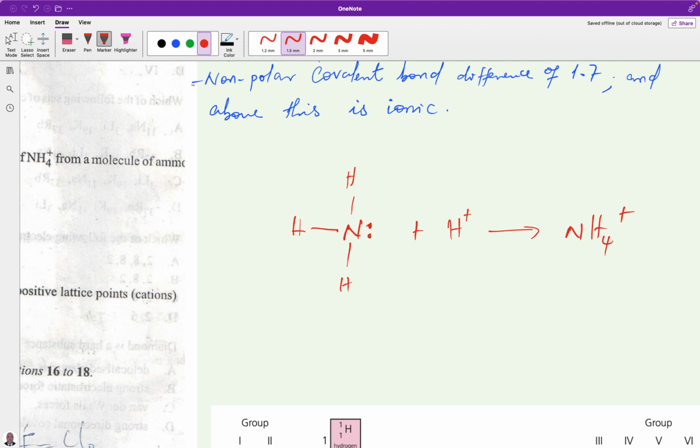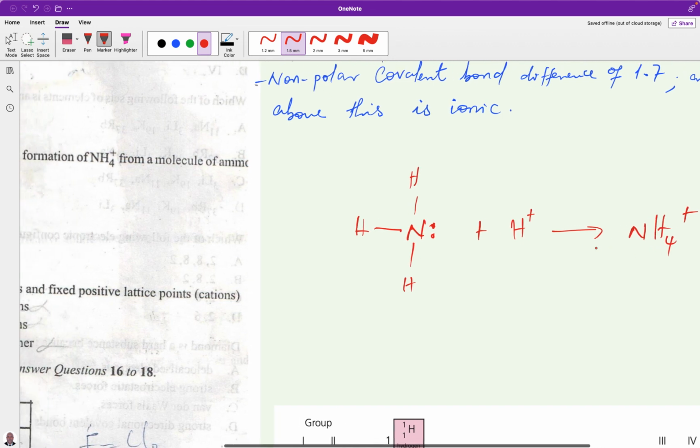So now, this is a coordinate bond. What is a coordinate bond, or a dative covalent bond? It is when a lone pair of electrons comes from only 1 atom. In this case, nitrogen is the one having the lone pair of electrons, donating it to the proton, or the hydrogen ion, to form the ammonium ion.